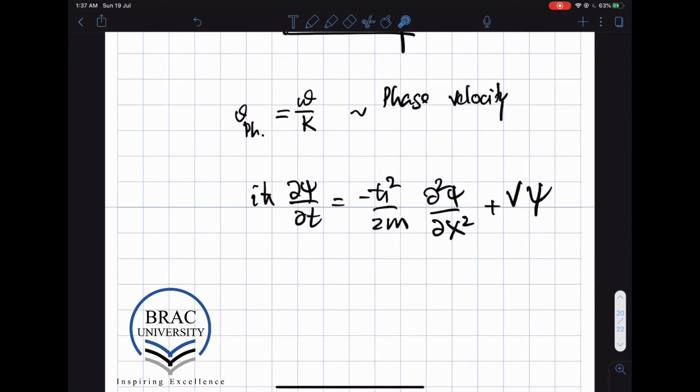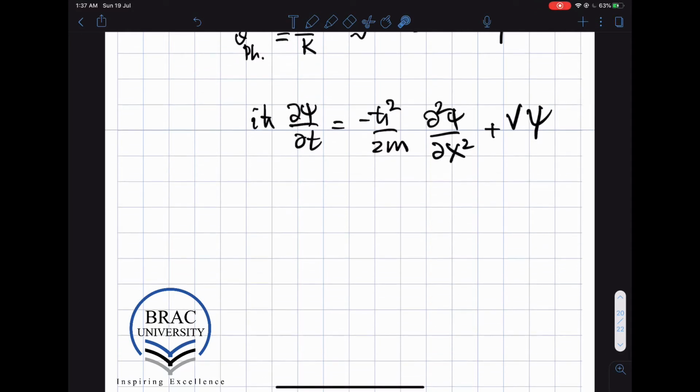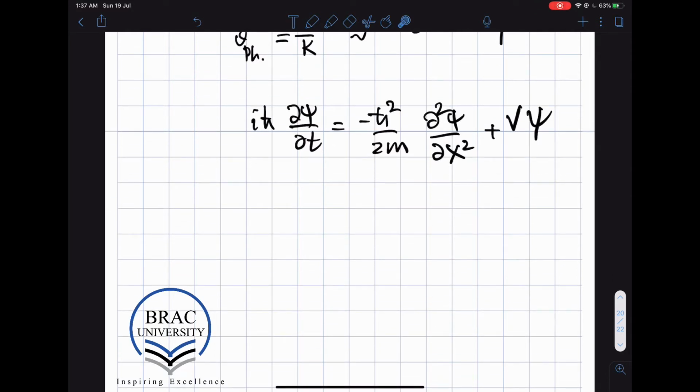It'll be more complicated. So a general solution to the Schrodinger equation can be thought of as a superposition of plane waves or plane wave type of solutions.